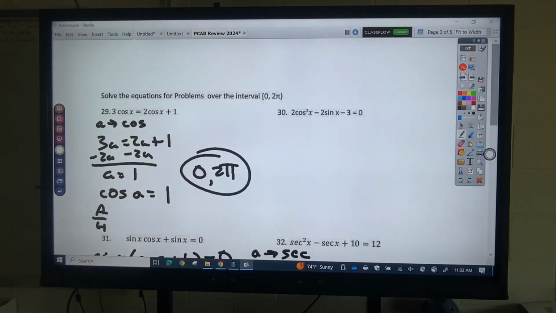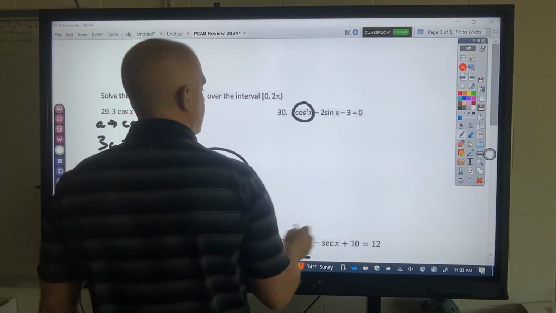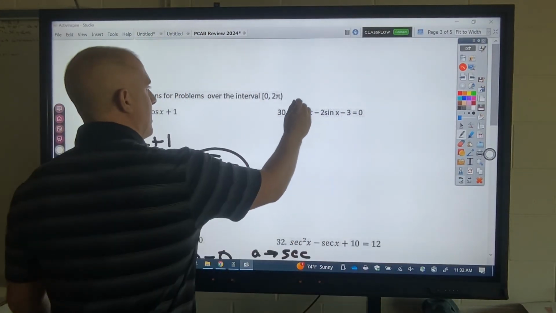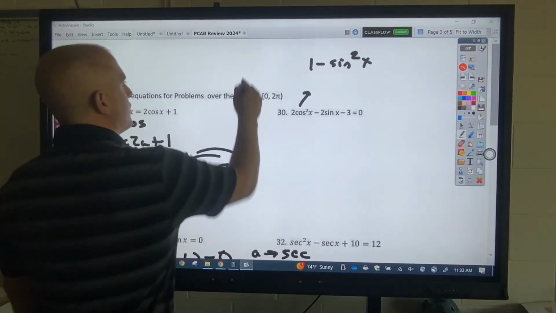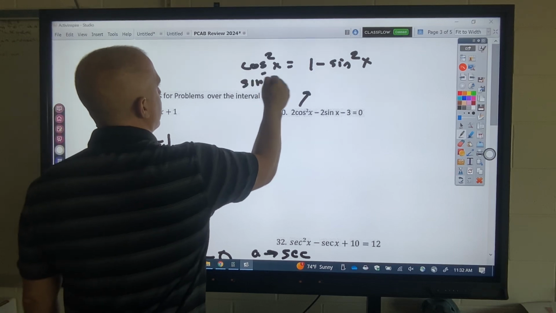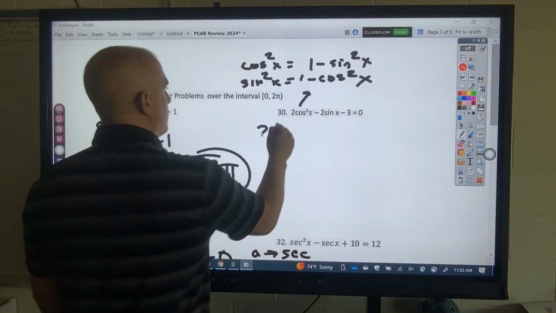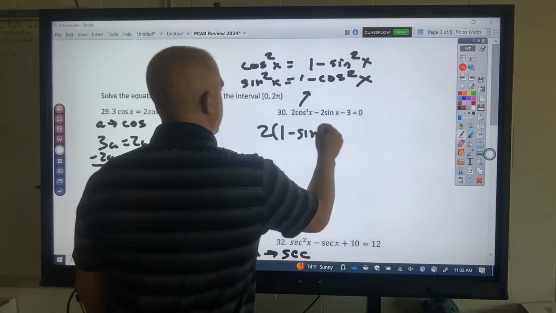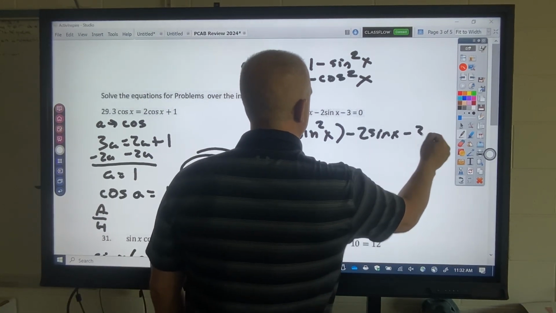Okay. All right. This one, what I would have to do is take out, because they're not the same, I have this, that cosine squared equals this, the same thing, sine squared equals that from our identities. So I got 2 parentheses 1 minus sine squared minus 2 sine of x minus 3 equals 0.